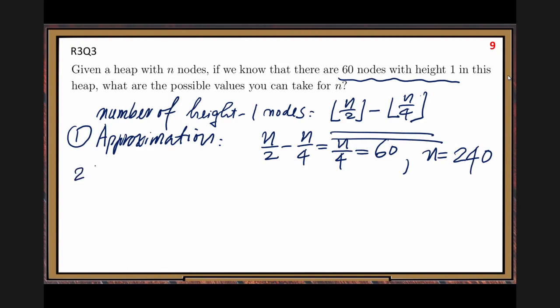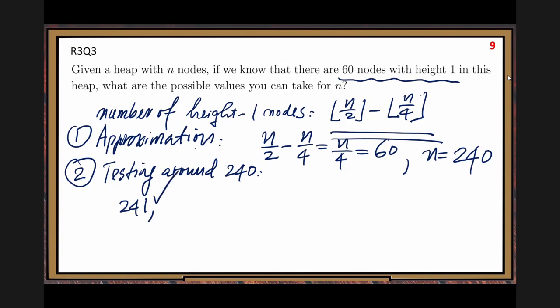All right, testing around 240. Let's try 241. Good or not? 241 over 2 is 120, minus 60. Yeah, so 241 is good.